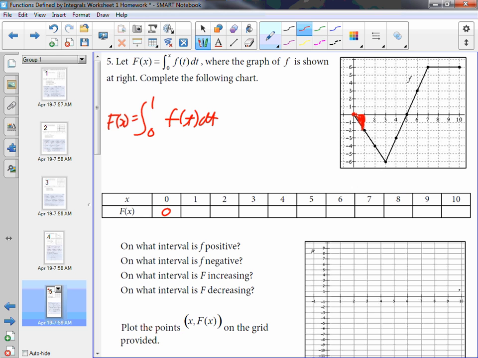Sort of, because this whole region's underneath the graph, or underneath the x-axis, I mean. So we're not going to get the actual area. What are we going to get? We're going to get the signed area. We're going to get a negative, aren't we? Okay? So that's a triangle, 1/2 base times height. So 1/2 times a base of 1 times a height that goes down 2. So 1/2 times 1 times 2 is 1, but it's a negative 1 because the entire region's below the x-axis.